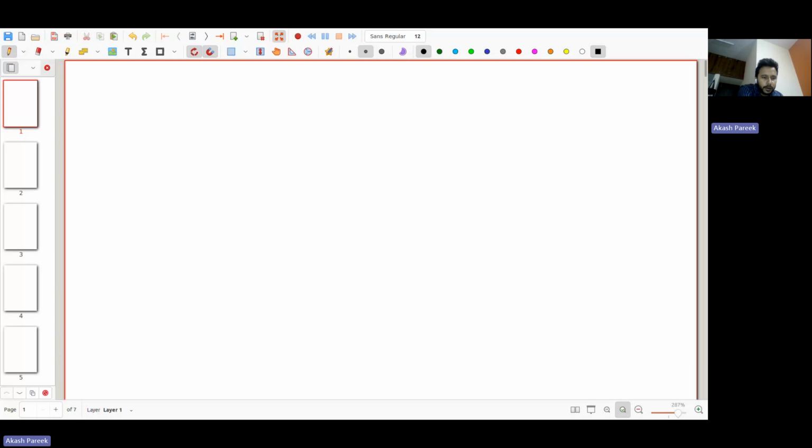So let's start with an example. Suppose you are given a bunch of points, and assume k is given to you as 2. That means you need to find two clusters with respect to these points. One of the clusters could be this one, and the other cluster could be this one. If you just see the data, it is visible that these two could be the clusters.